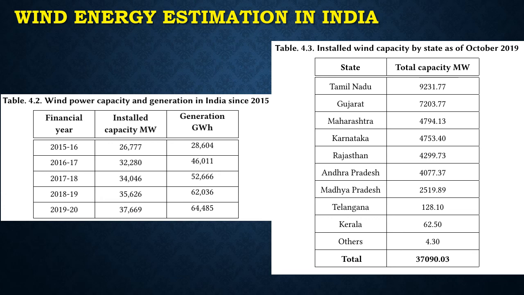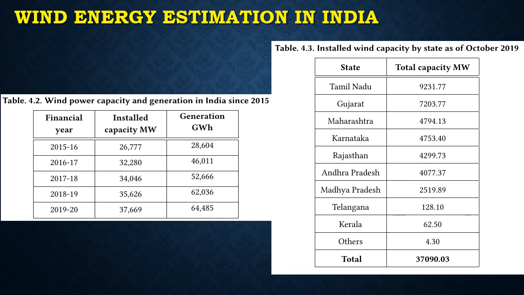So these are the tables which show the wind power capacity and generation in India since 2015, and installed capacity by state as of October 2019. In the first table, you see financial year 2015-16, the installed capacity is 26,777 megawatt, generation is 28,604 gigawatt hour.